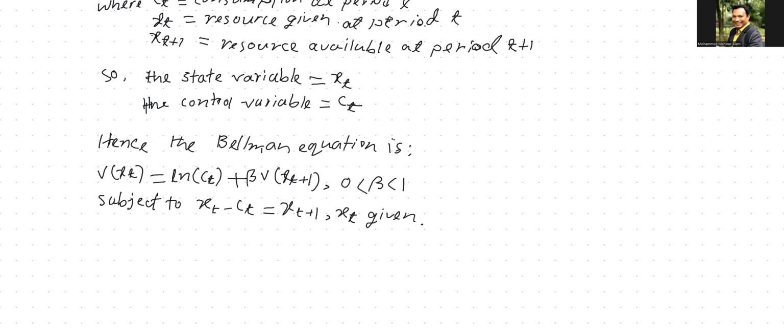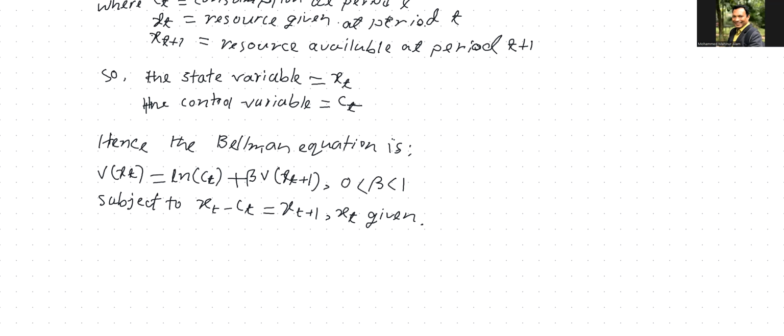So the value function at t plus 1 will be v of x sub t plus 1, the state variable at t plus 1, subject to the resource constraint x sub t minus c sub t equals x sub t plus 1, where x sub t is given.